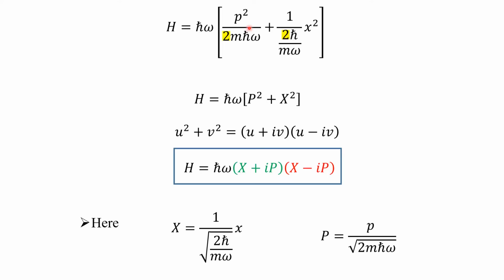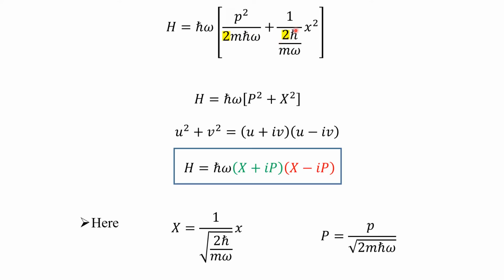Here I would like to highlight some interesting and important phenomena. For the time being, ignore the 2, because it's a constant. The dimension of m h cross omega is equal to the dimension of momentum squared, which is in the numerator. So momentum squared divided by momentum squared will become a dimensionless quantity.